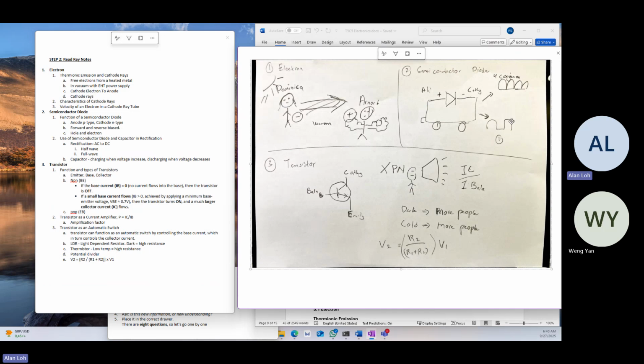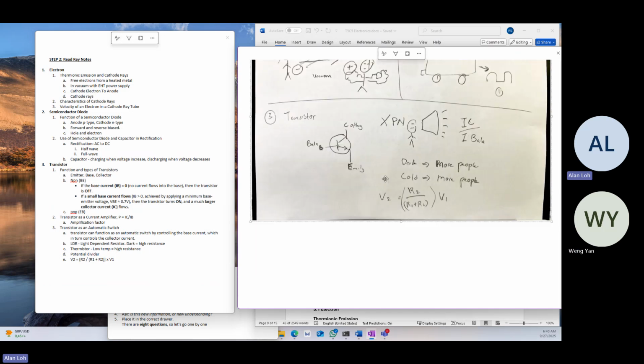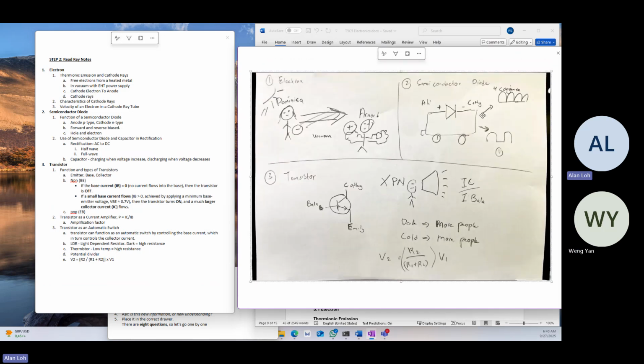How do you change it to DC? That is the half cycle or the full cycle. And how do you do that? You're using semiconductor diodes, right? So now you understand semiconductor diodes more and more, and how you apply them. Then the transistor is even more.